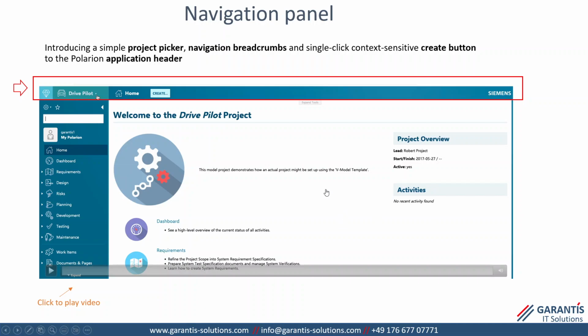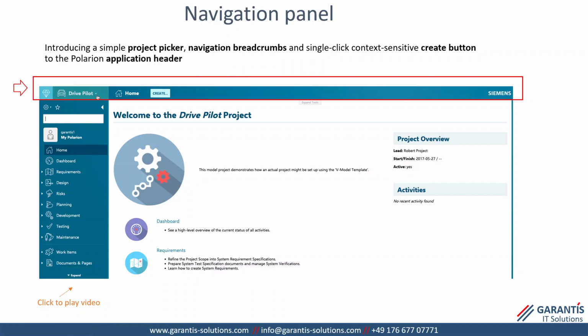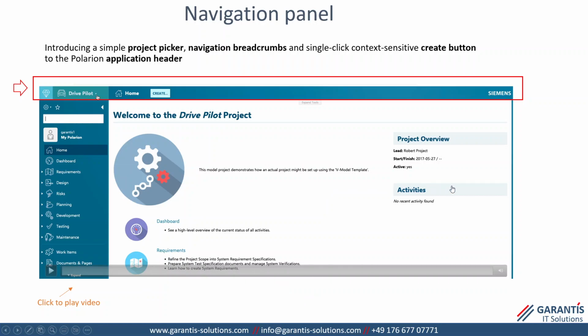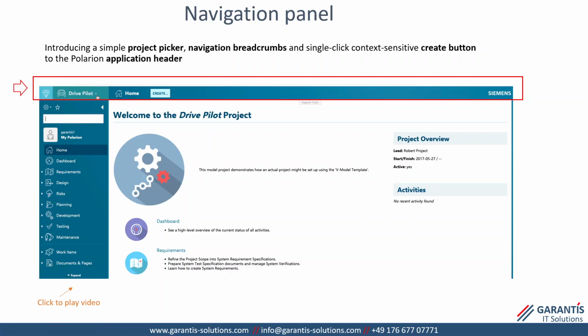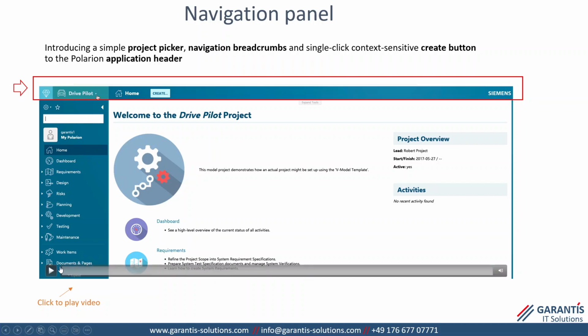So the first usability feature is navigation panel. It introduced some functionalities for breadcrumbs, create button, application header, and I will show some of them in the videos.